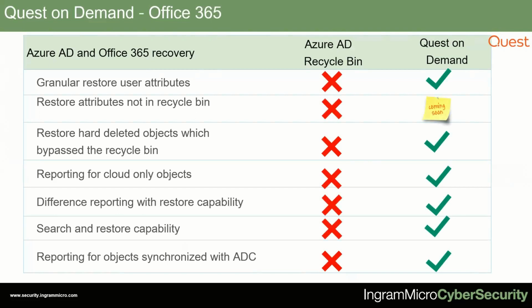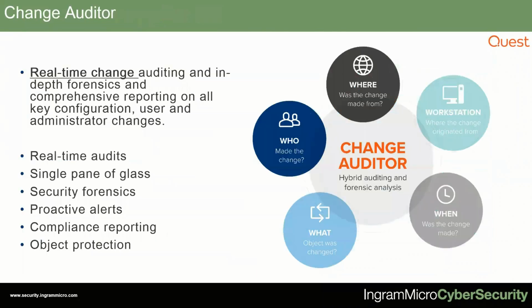It could be the granular restore of user attributes, restoring attributes not in the recycle bin, which are hard-deleted objects that have bypassed the recycle bin, and so on. These are the different features that you get with Quest On Demand, which you'll not be getting within the Azure AD recycle bin.